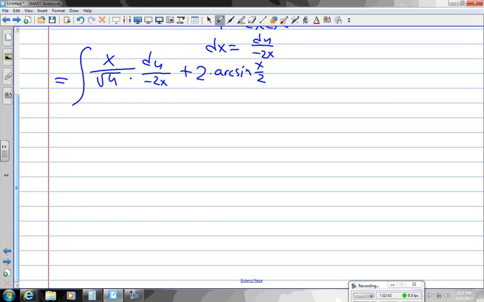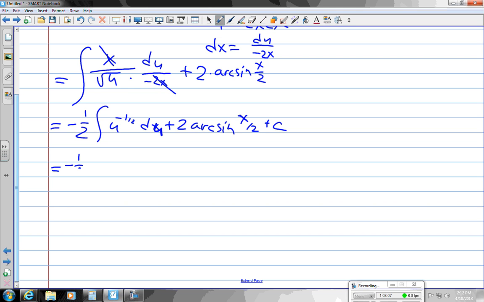So the x's cancel in the first one. We still have negative 1/2 times the integral of u to the negative 1/2 du, plus 2 arcsine of x over 2 plus a constant. Yes, du.